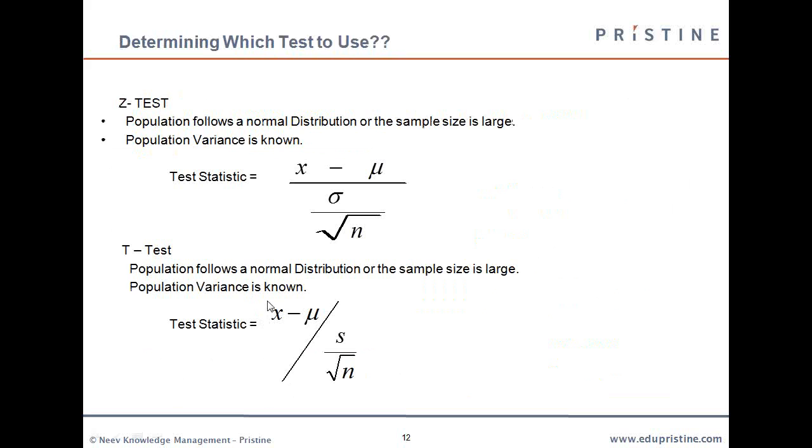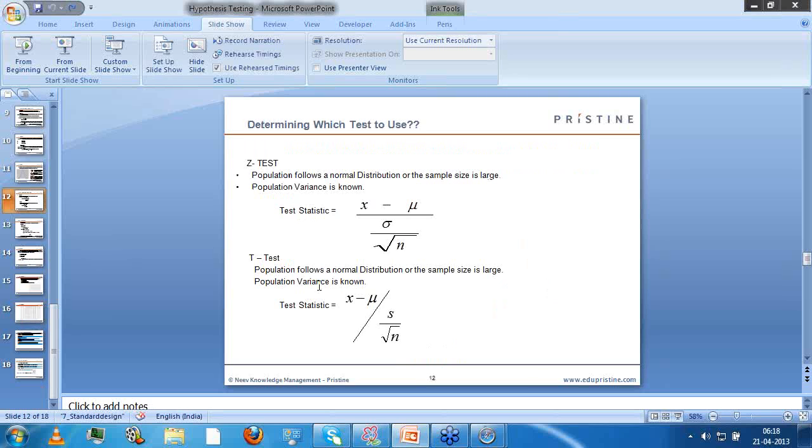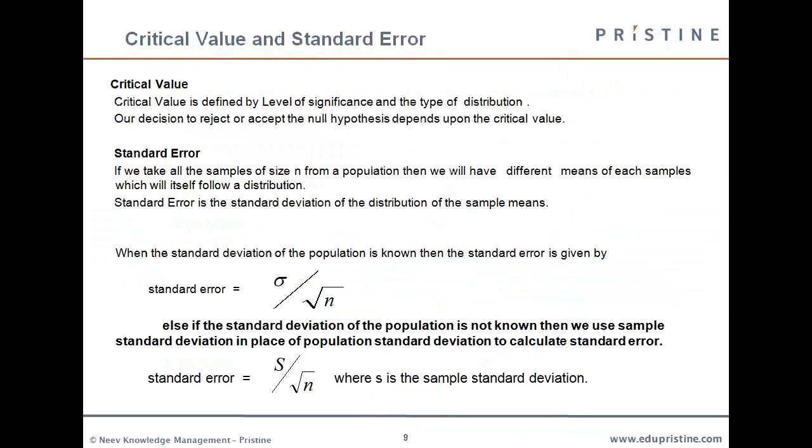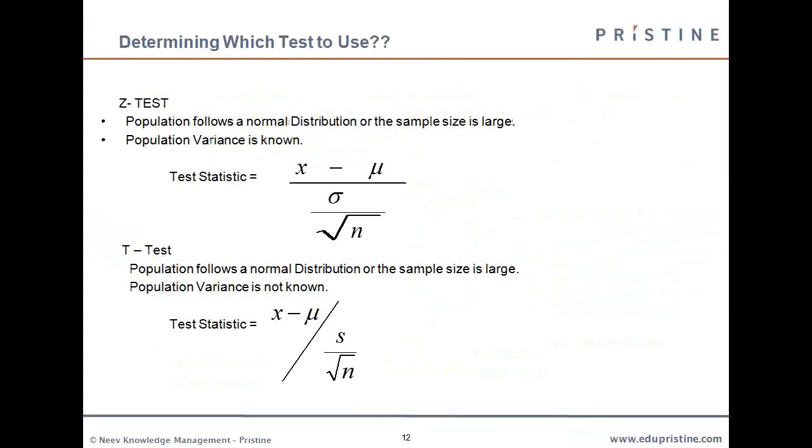Population variance is not known in the case of the t-test, and we use the standard deviation of the sample in place of the standard deviation of the population.